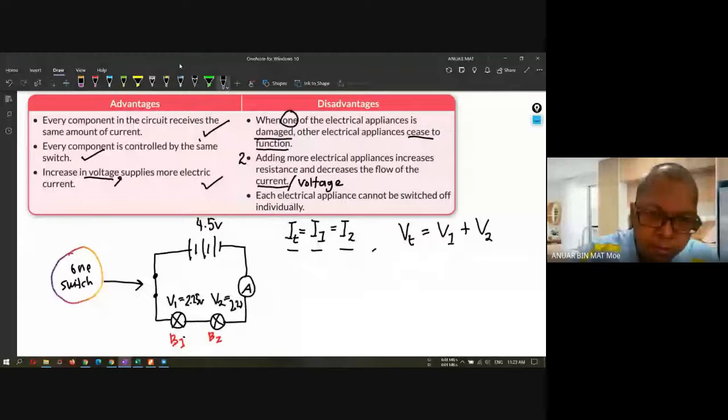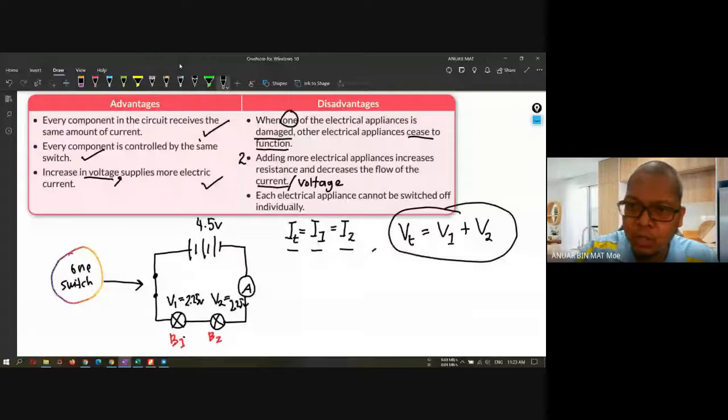Because according to the formula, total voltage equals voltage 1 plus voltage 2. We have only 2 components here, bulb 1 and bulb 2, so you just divide the total 4.5 volt from the battery by 2.